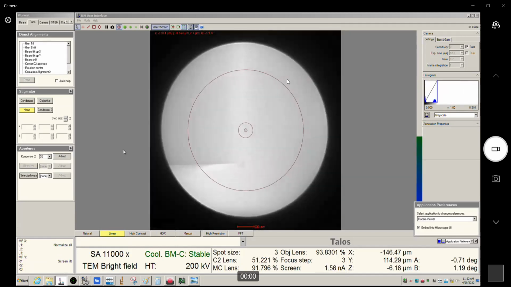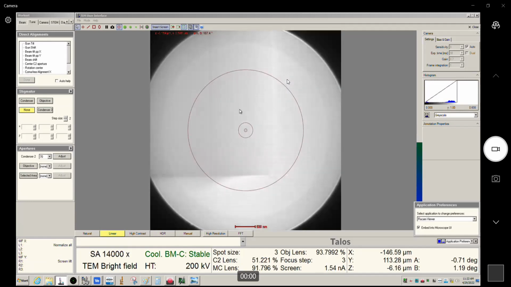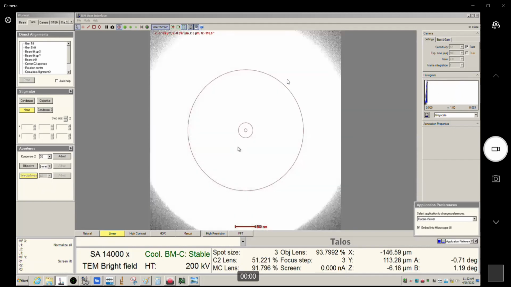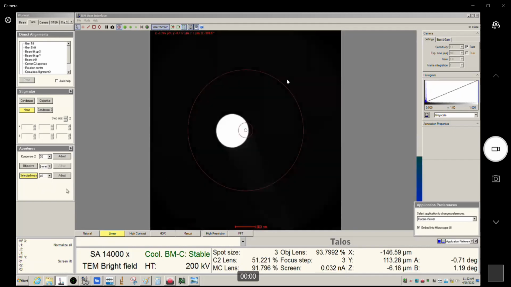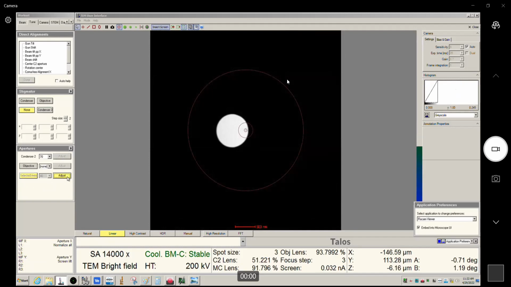All right, so this layer right here, let's say I want to isolate the pattern from this layer. So we'll use an SA aperture. I already did, as you saw before, a coarse zone axis alignment. Move that guy to the center.